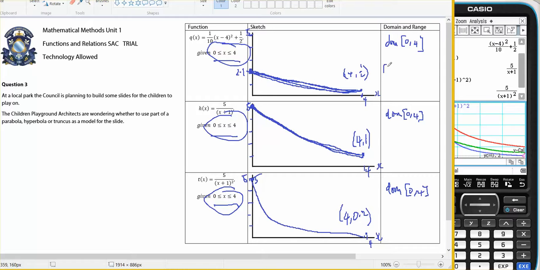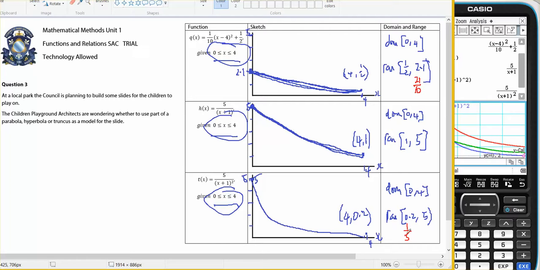To do my range, this is going to go from 1/2 up to 2.1. This is going to go from 1 up to 5. This is going to go from 0.2 up to 5. You could write this as 21 on 10, and you could write this as being 1 on 5.